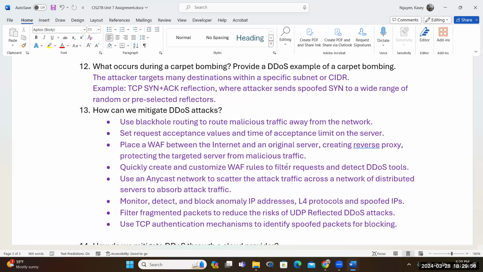UDP packet type attacks tend to be fragmented. So if you filter fragmented packets, that would reduce the risk of UDP reflection attacks. And use a TCP authentication mechanism to identify spoofed packets for blocking.